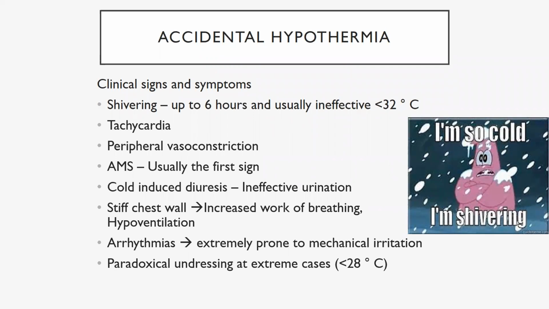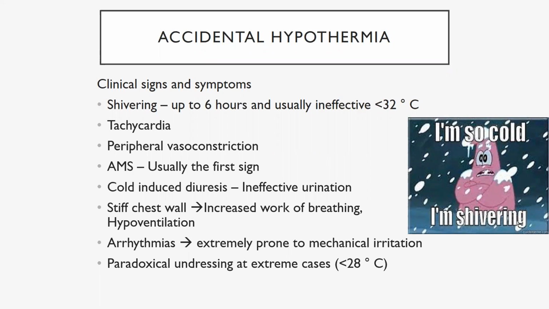Then there's a phenomenon called paradoxical undressing. I didn't know about this till recently, and there are only case reports and case series that have described it. Nobody knows exactly what causes it, but when there's critical hypothermia, with core body temperature below 28 degrees Celsius, a lot of these patients are found naked.